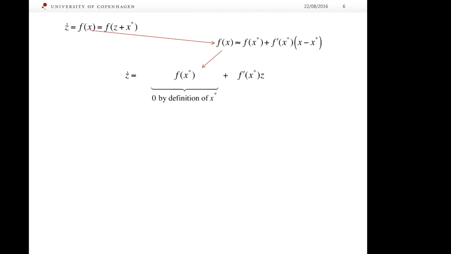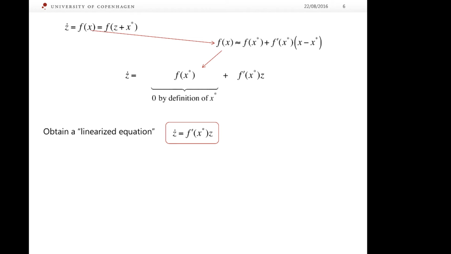Please note that in using the Taylor expansion, instead of x minus x star, we substitute the value of z, because it is the definition of z. This way, we obtain an equation which describes time evolution of a small deviation from the fixed point as long as we stay around the fixed point, as long as the deviation stays small.